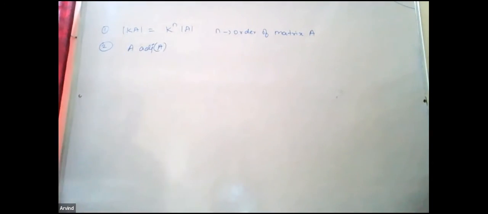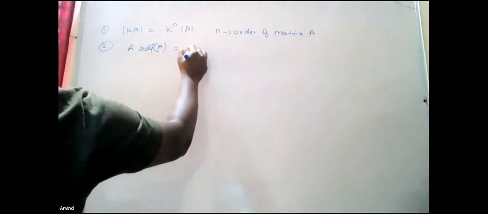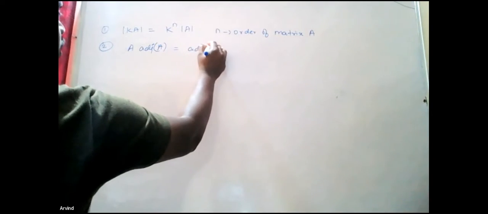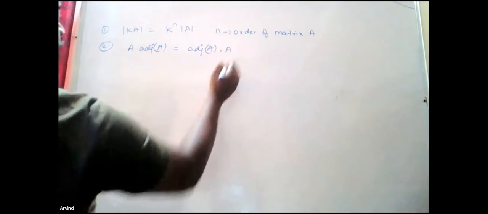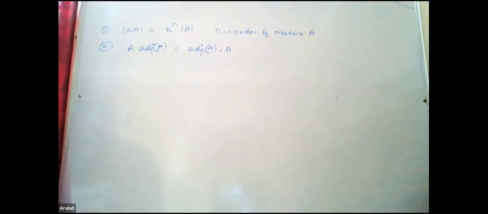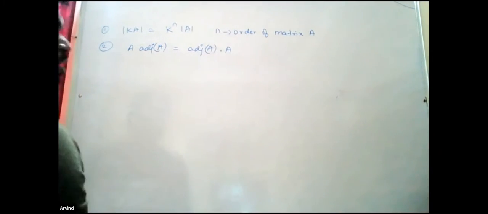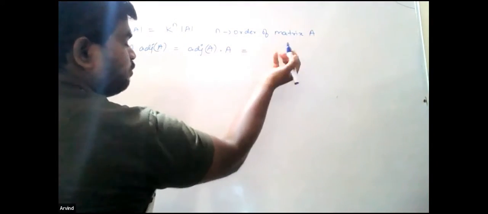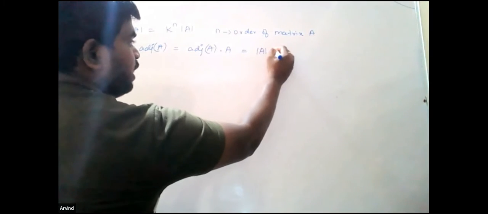A into adjoint of A or vice versa, adjoint of A into A. What is the value of this? The value, if you check it out, will be determinant of A into I.